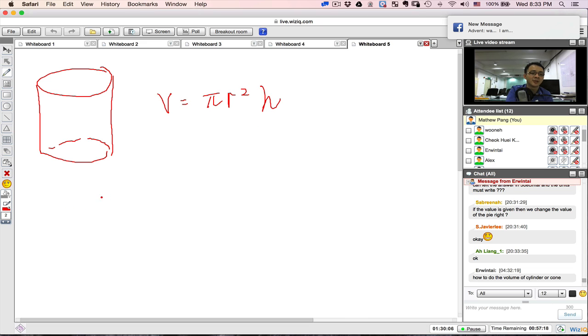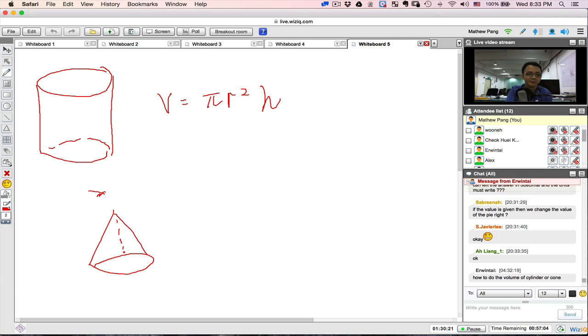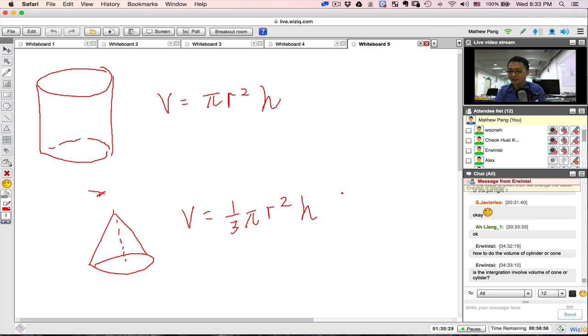And then the formula for cone. Sorry, I'm not feeling so well today. Volume for cone is just 1/3 pi r square h. That's all. This is the volume for cone and cylinder.